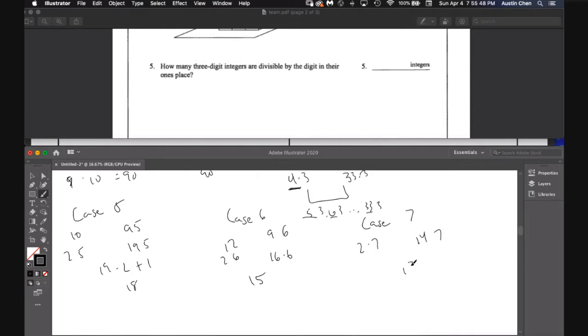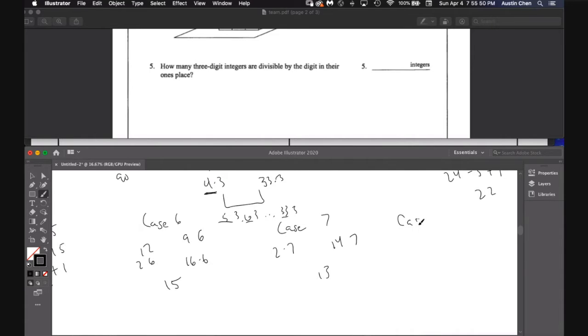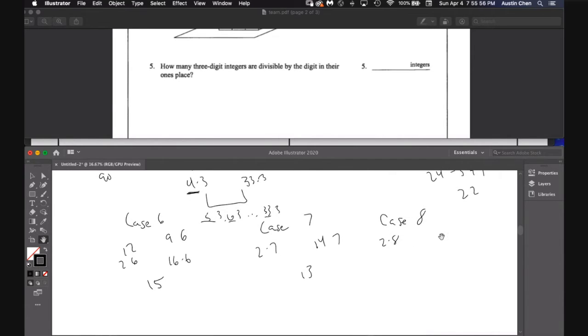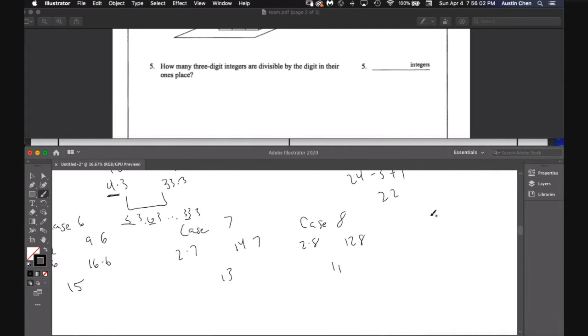So then this is going to be 13. And then case 8, we're going to have 16, which is 2 times 8, all the way to 96, which is 12 times 8. And then this is going to be 11. And then 9, finally, so we're going to have 18, which is 2 times 9, and then 99, which is 11 times 9. So then this is just going to be 10.